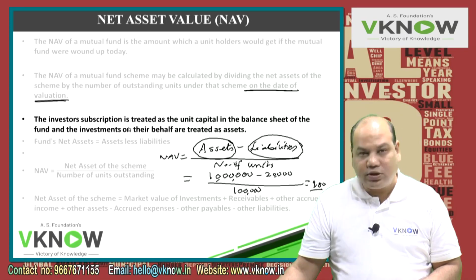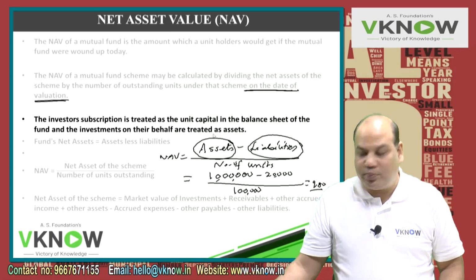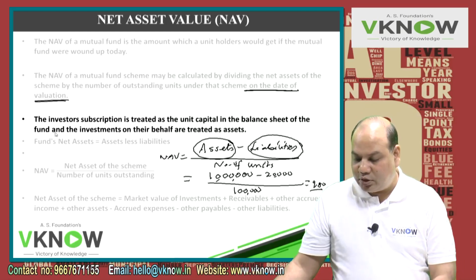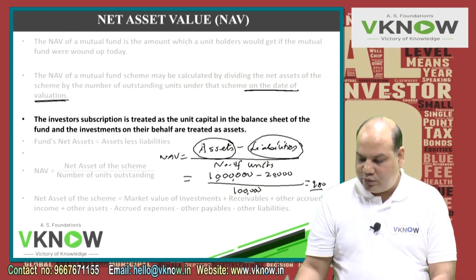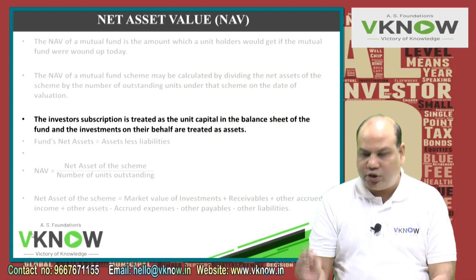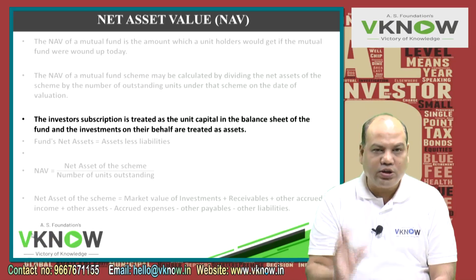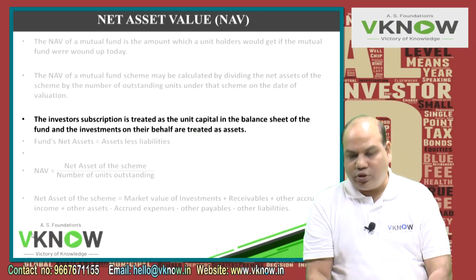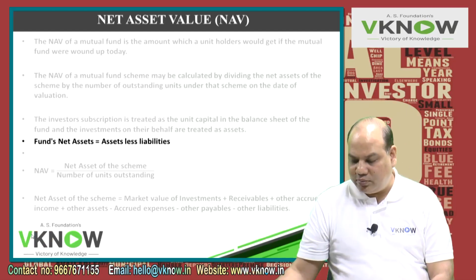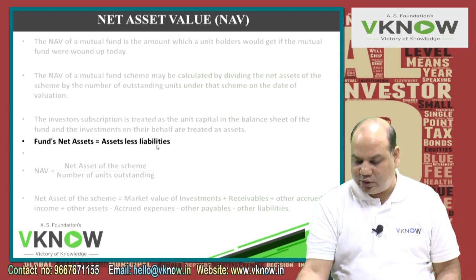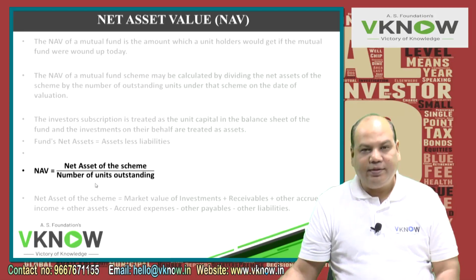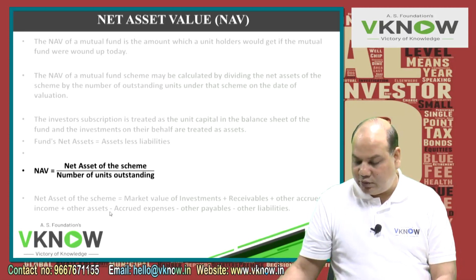The investor subscription is treated as unit capital in the balance sheet of the fund, and the investments made on their behalf are treated as assets. So they will see how much assets a scheme holds, how many units are issued under a scheme, what are the liabilities of that scheme, and then they will compute net asset, assets minus liabilities. After computing that, they will divide by number of units, they will get NAV.